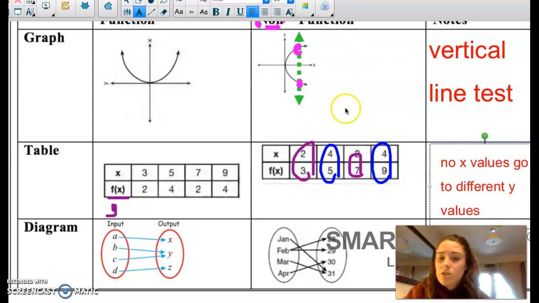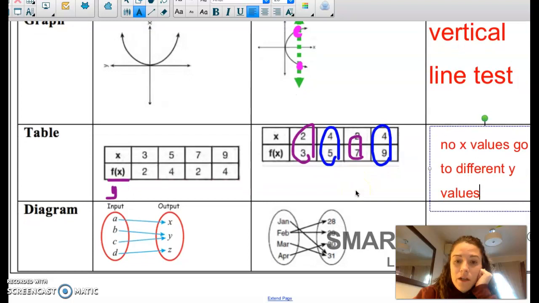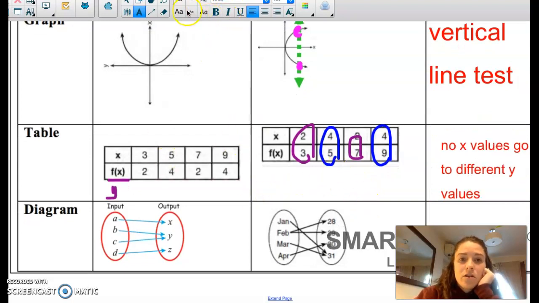Sometimes a question might try to trick you and put 4, 5, and then 4, 5 again. That would be okay, because that's going to the same y value. You don't want different y values. And it's okay for your y values to repeat. Your y values can have different x values. That is okay.